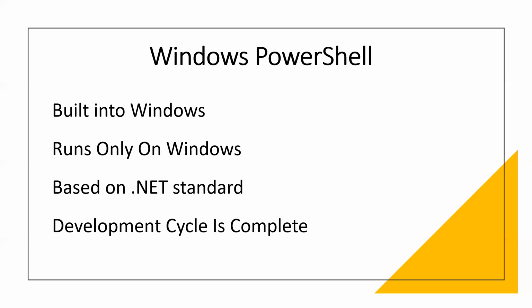So there isn't going to be a newer version available for an update. It might get security updates and things like that, but it is sort of feature complete and ready to go.